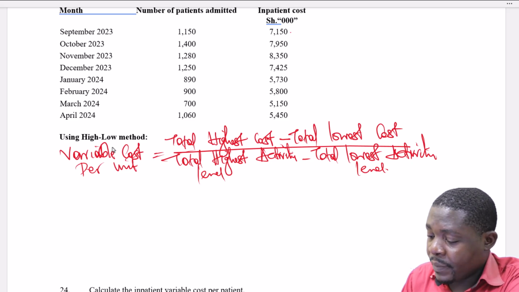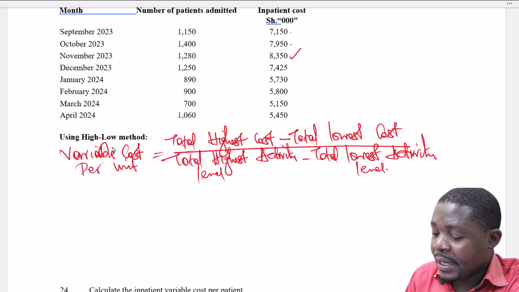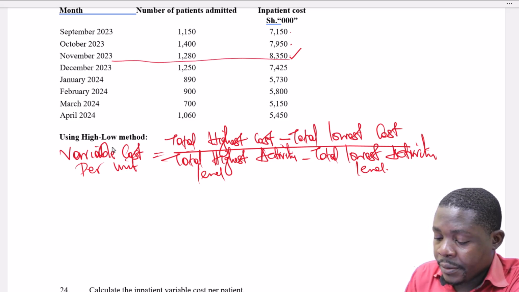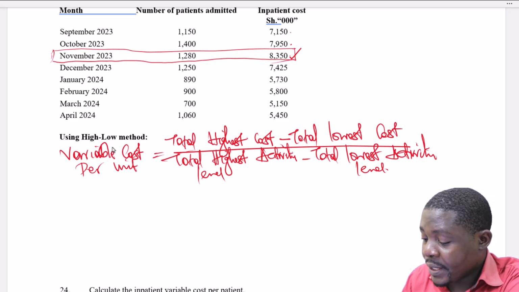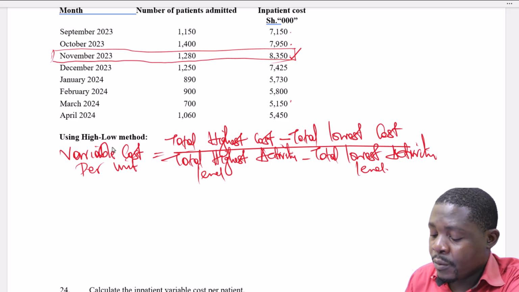We confirm this one. I guess the highest is 8,350. Now we mark this particular one, then we find the lowest cost. The lowest cost should be 5,150.